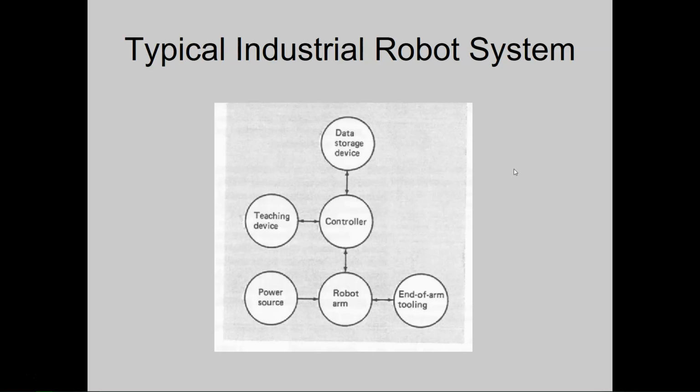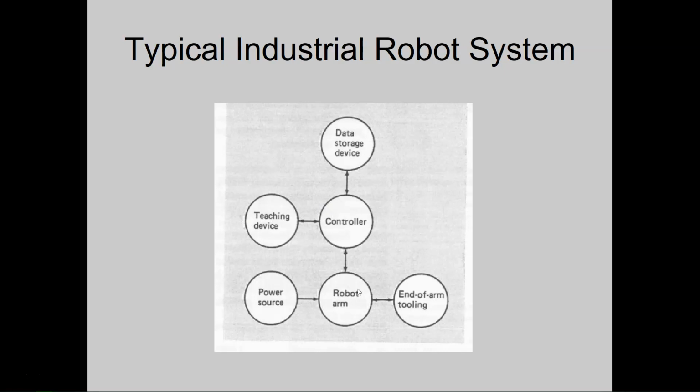All right. So typical industrial robot systems, everything revolves around the controller because the controller is essentially the robot's brain. So what does your brain do every time it needs to do something? It checks it. Every part of your body checks back with your brain. So data storage devices have to go back and forth into the controller. The teach device talks to the controller.